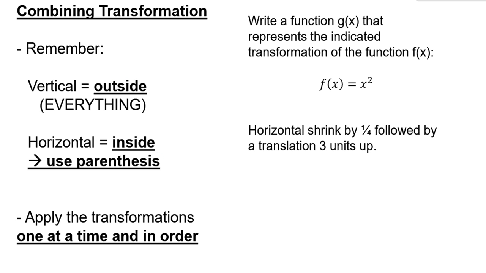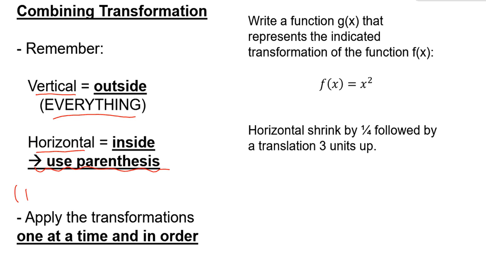So here's the basic steps, right? Remember, when it's vertical, it's outside, meaning you do it to everybody. If there's a whole bunch of stuff going on already and you do something vertical, apply that to everything. And then when you do horizontal, you're doing it inside, and I would suggest that you use parentheses.